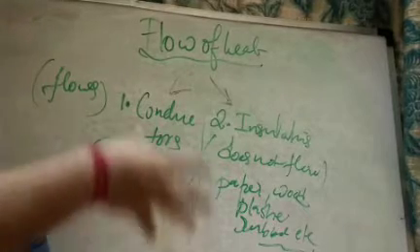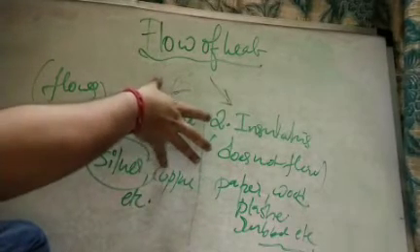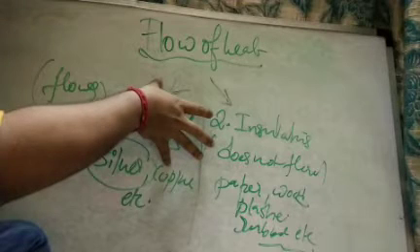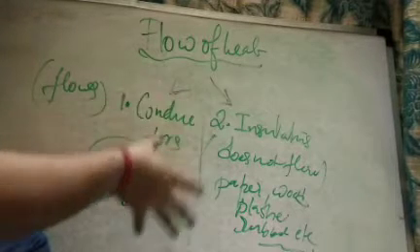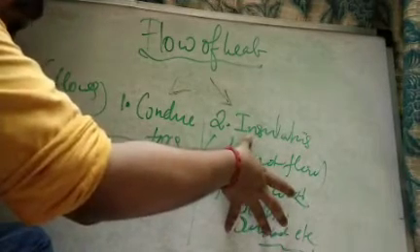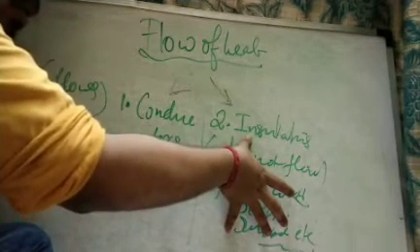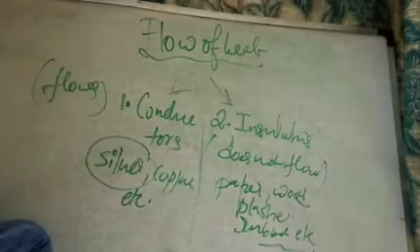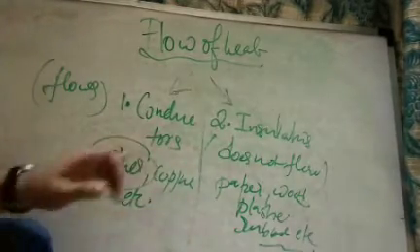So I repeat, those substances through which heat flows easily are known as conductors, and those substances which do not allow the flow of heat through them are known as insulators.